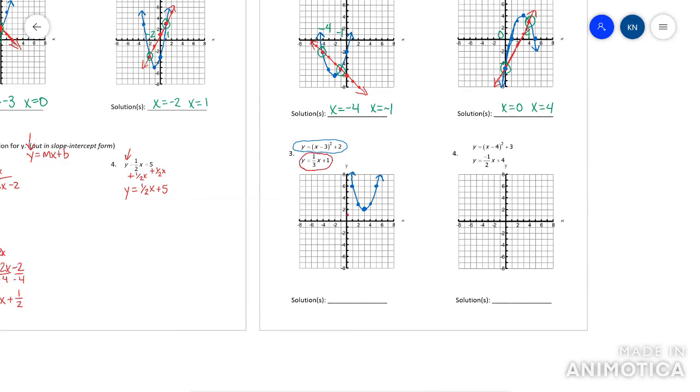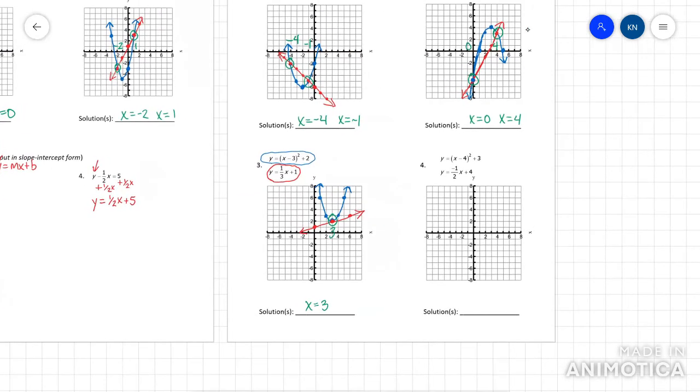So start at your y-intercept of 1. Rise 1, run 3. Now this one's interesting because we only have one place where we intersect at an x value of 3. You don't always have to intersect twice. Sometimes you'll only hit once. Sometimes you won't hit at all. We'll see what this next one looks like.